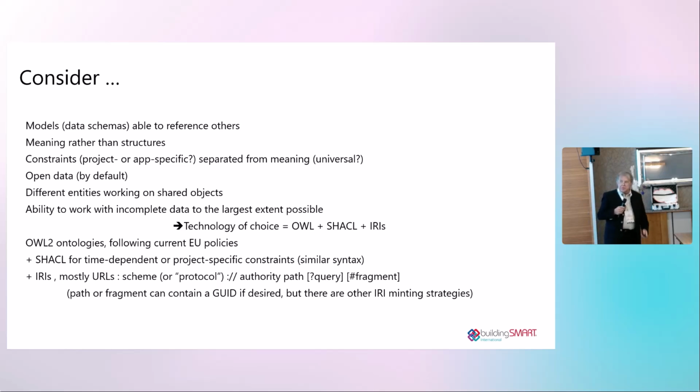Because especially using OWL ontologies, you can afford to have objects with different identifiers, because you can say, by the way, these two objects are the same. And you can formally express it, so it's not just in the document.